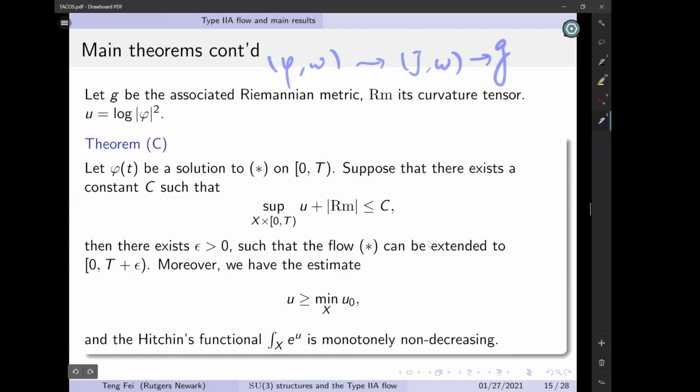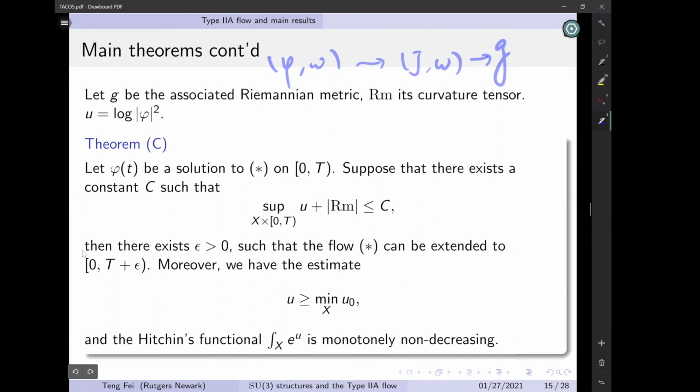Suppose we have a solution to our flow on a finite time interval 0 to T. And suppose we know that there's some constant C such that over our manifold X and on this time interval, the function u, which is log norm phi squared, plus the norm of the Riemannian curvature is bounded. Then we know this flow can be continued by a short amount of time, epsilon.